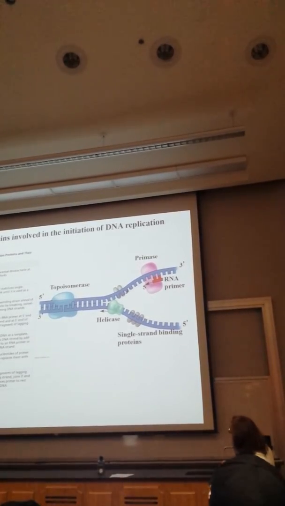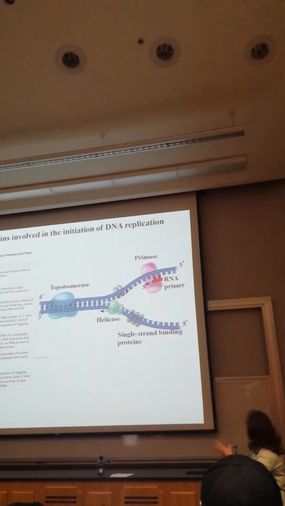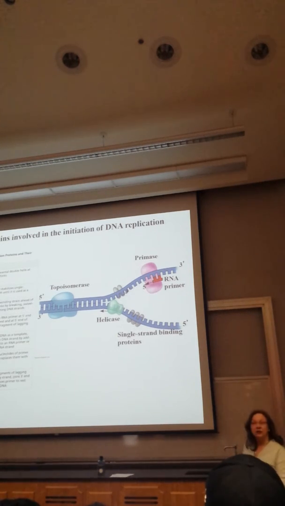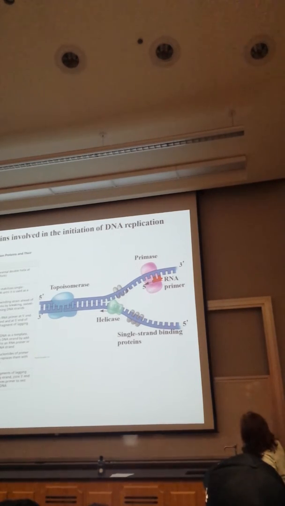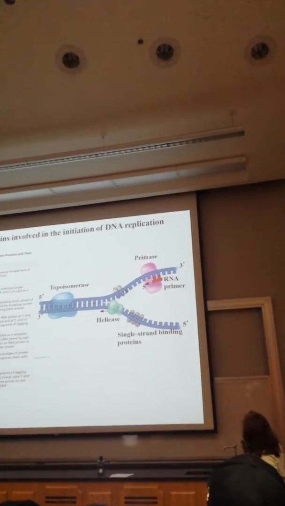Then we have primers. It's interesting that DNA polymerase can't just bind to DNA and start incorporating nucleotides. DNA polymerase has to bind to an RNA primer, and interestingly enough, it recognizes an RNA primer that is formed on the DNA template. And that RNA primer, of course, is generated by an RNA primase.